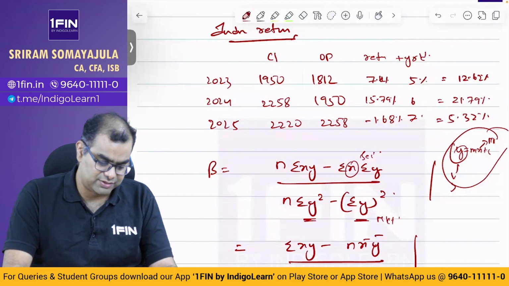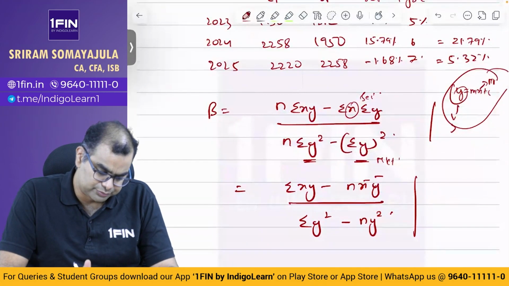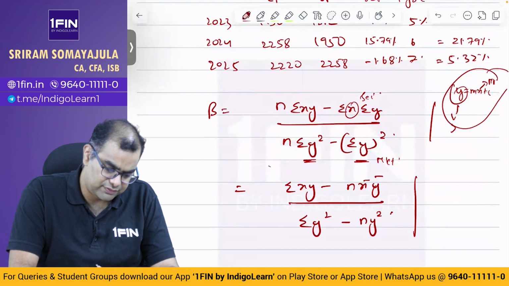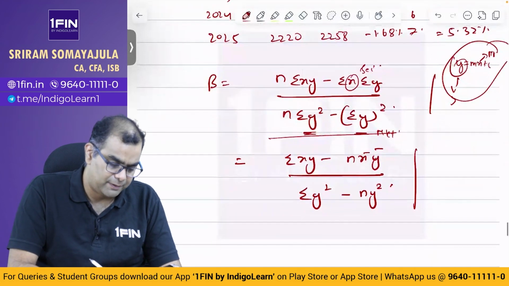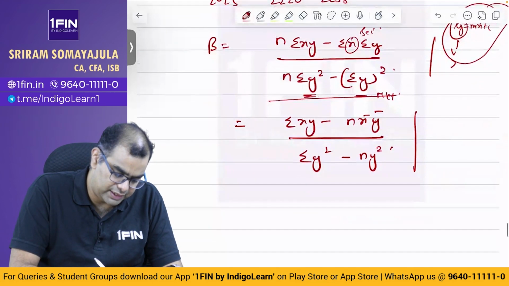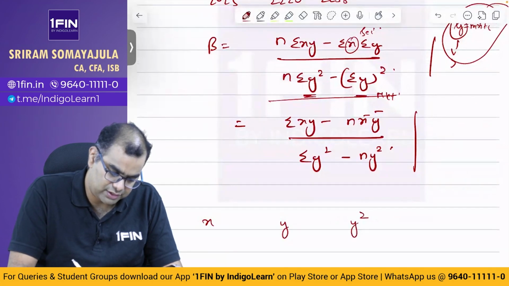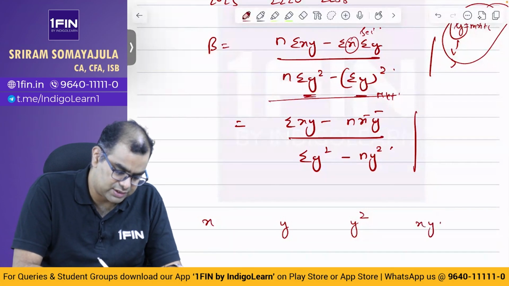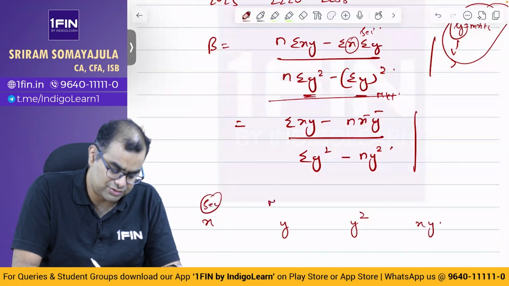Now you can use either of these methods. Which one looks simpler? I think the first equation only looks simpler. So x, y square and xy. Okay, x is security, y is market.